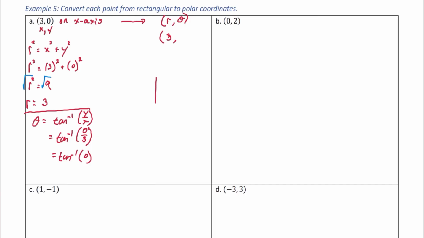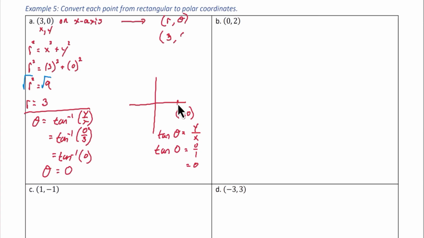Let's go back to the unit circle and think about that. 0 radians on the unit circle would be here at the point 1, 0. So we have tangent of theta, again, is y divided by x. So in this example, this angle is actually 0. Tangent of 0 is 0 over 1, which is just 0. That means our theta in this case is 0.